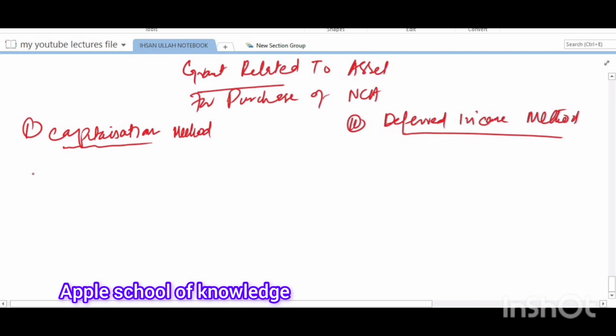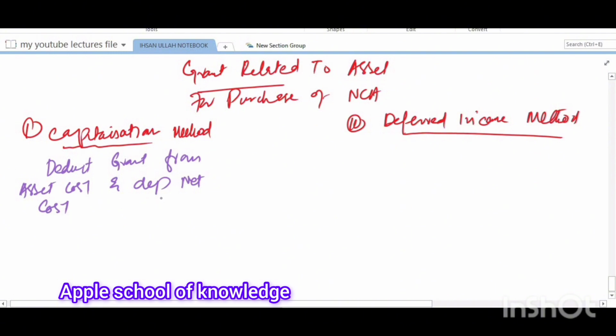So in the capitalization method, what you will do, you will deduct the grant from the asset cost, and then depreciate the net cost.